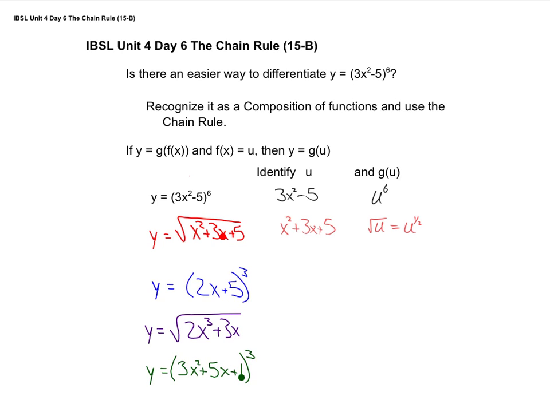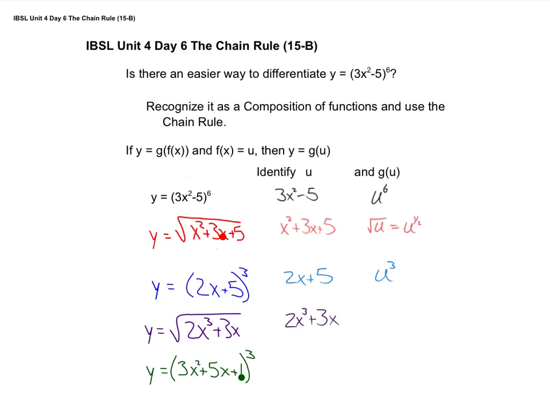So we have that. Let's think about this one in blue. What is u in this case? 2x plus 5. And g of u? U cubed. All right, how about this one in purple? The square root of 2x cubed plus 3x. What's our u? 2x cubed plus 3x.